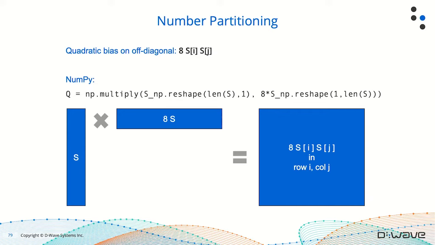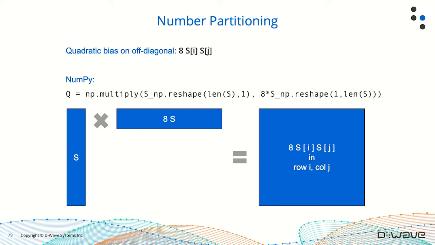So I can do this with NumPy to build up that quadratic bias, which was 8 times SI, SJ, just by using NumPy operations. So here, np.reshape, that's me basically taking my list S and looking at it as a one-dimensional vector. You can see I have the first one is just my vector S as is.